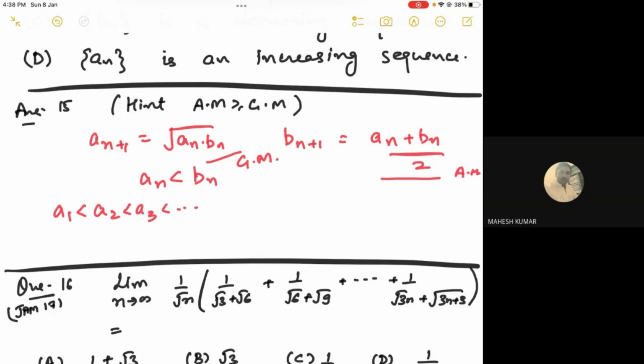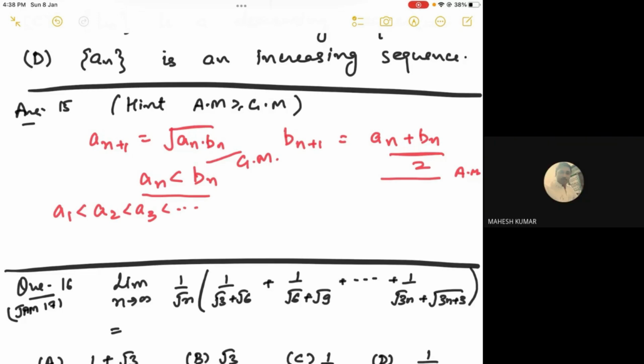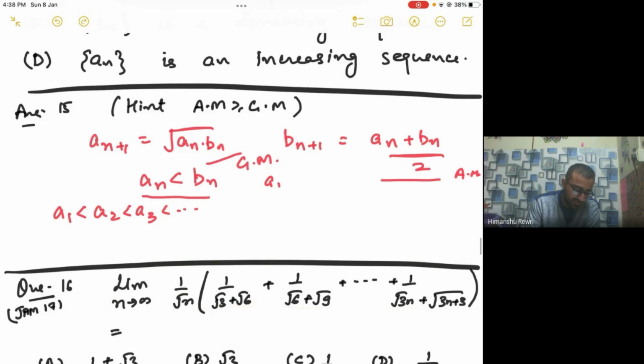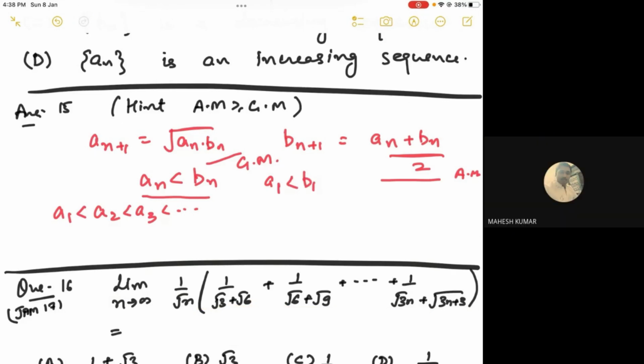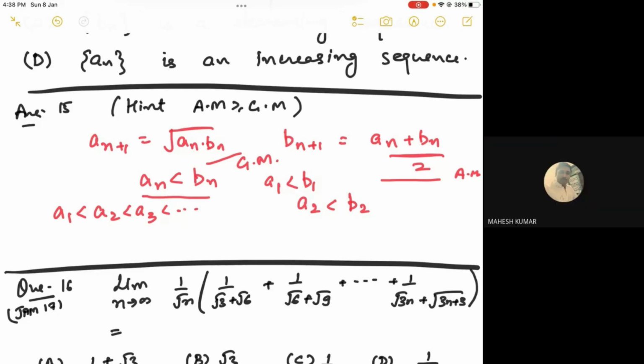Is this clear? An is always less than Bn. So that means A2 is less than B2, since A1 is less than B1, which is given to us. Also A1 is less than A2.